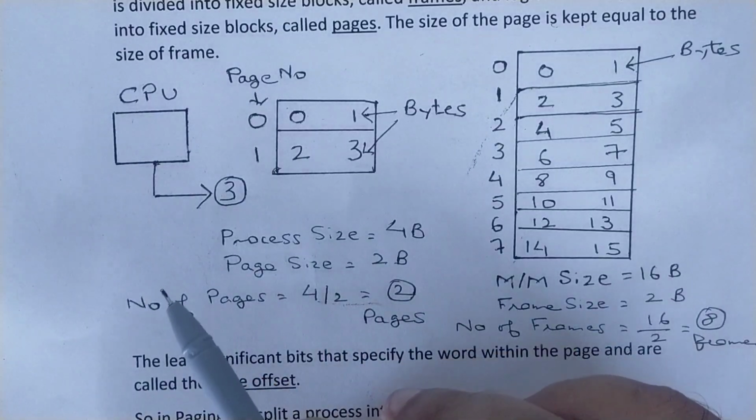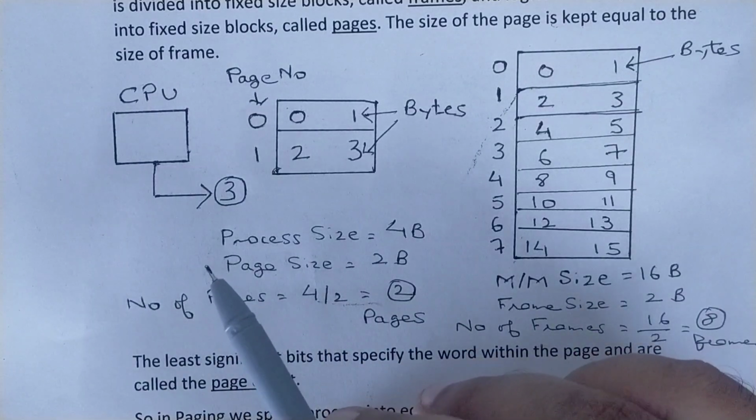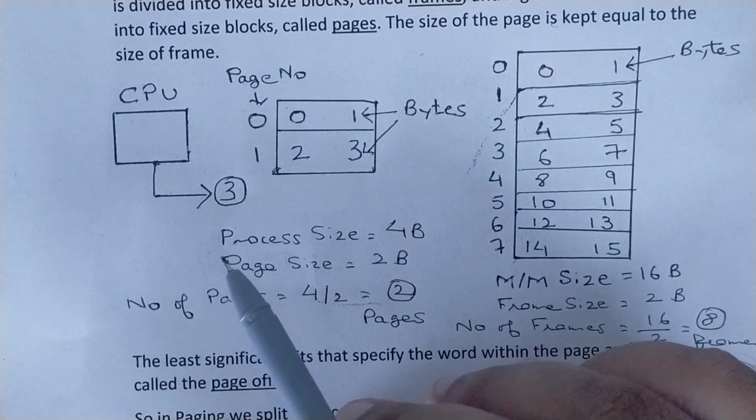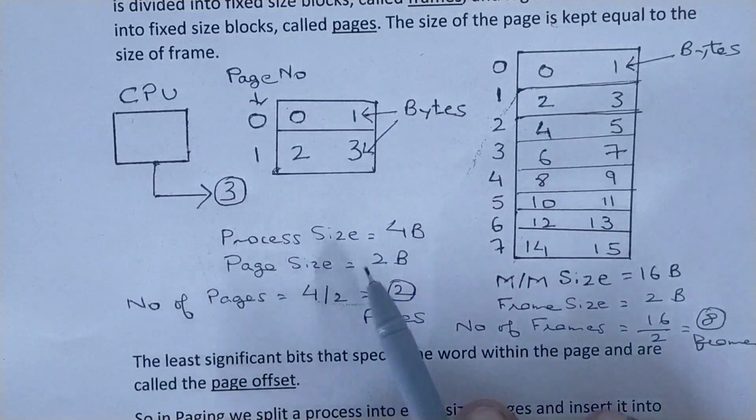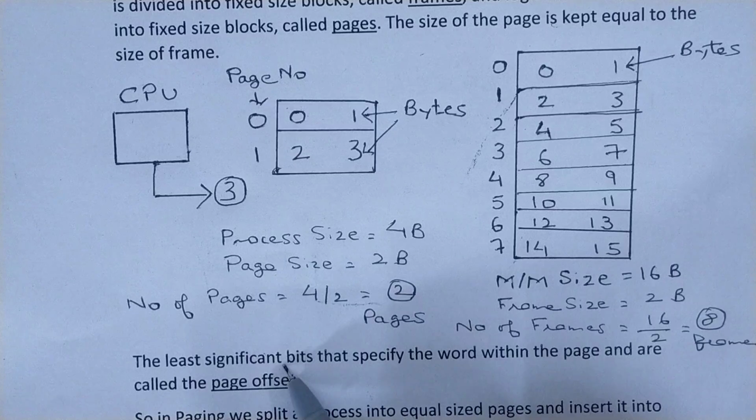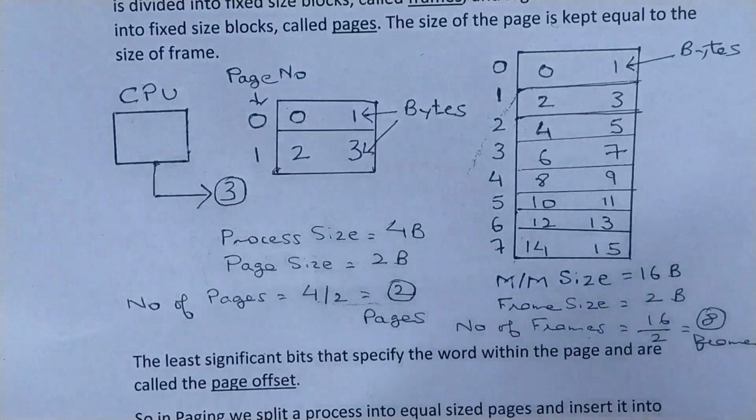Now as you can see in this diagram, process size is 4 bytes and page size is 2 bytes. Therefore, total number of pages that exist in logical address space are 4 divided by 2, which is equal to 2 pages. Since main memory is 16 bytes and frame size is 2 bytes, therefore total number of frames that exist in physical address space are 16 divided by 2, which is equal to 8 frames.